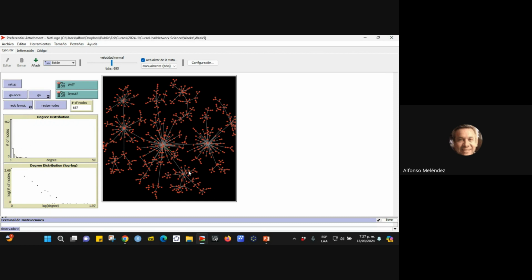And these stars, 2 or 3 stars, are here in the right part. Degree 23 here. This is the distribution.